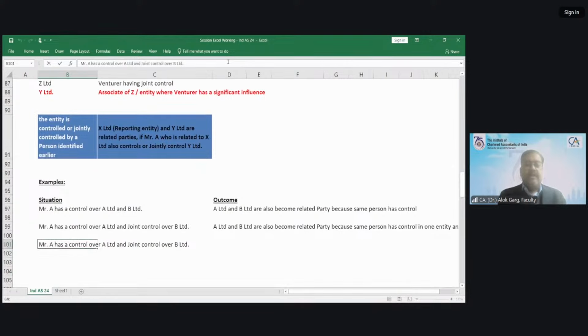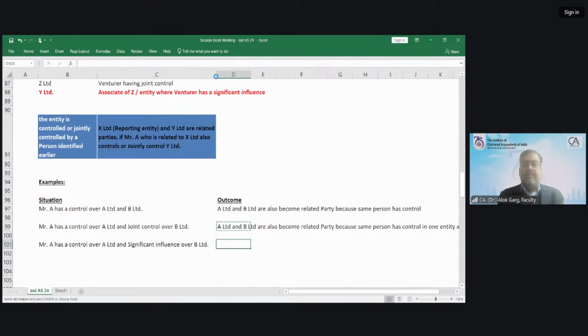Mr. A has control over A Limited and significant influence over B Limited, right? So in this case, A Limited and B Limited also become related parties. Why? Because he has control in one entity and significant influence in the other entity.